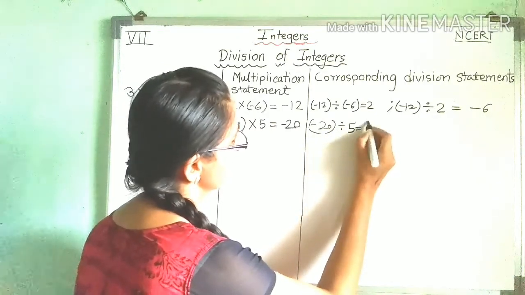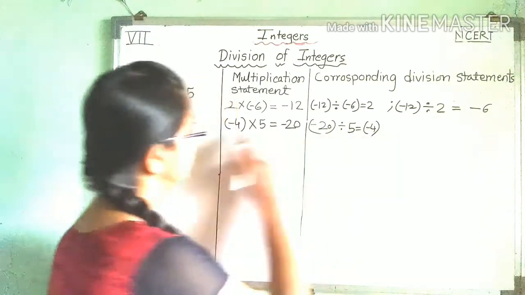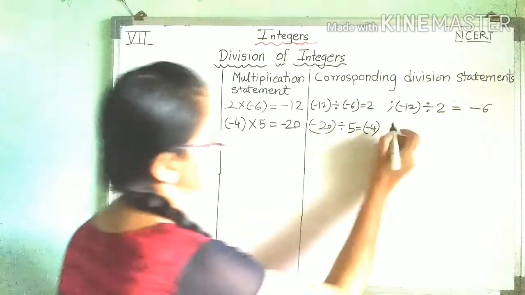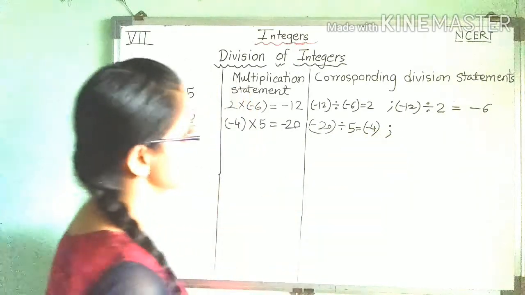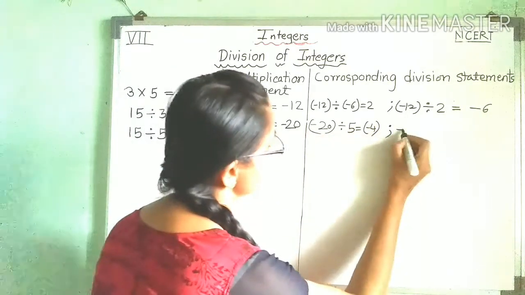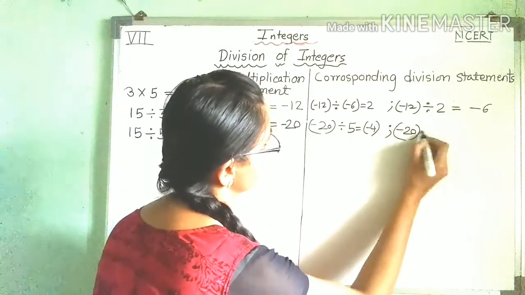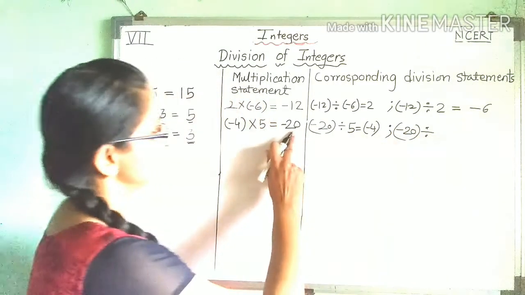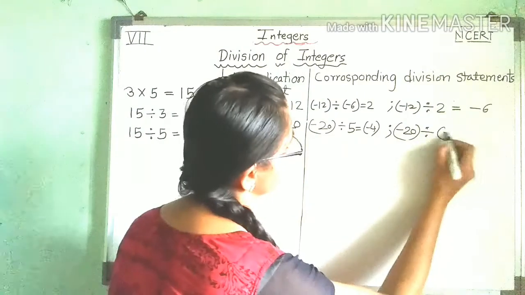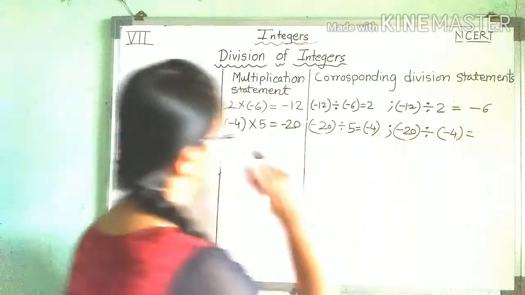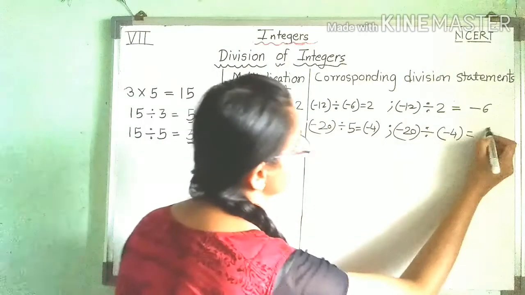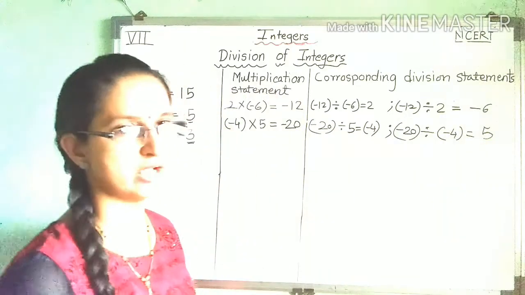It gives minus 4, that is this number. The second corresponding statement is again minus 20 divided by minus 4. The quotient is the other number, that is 5.